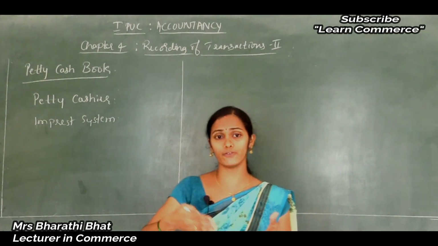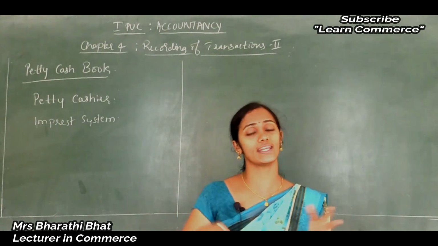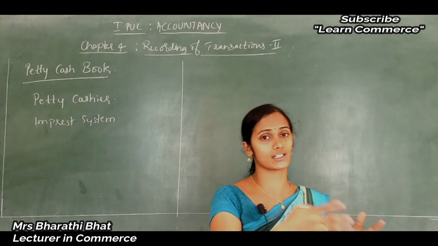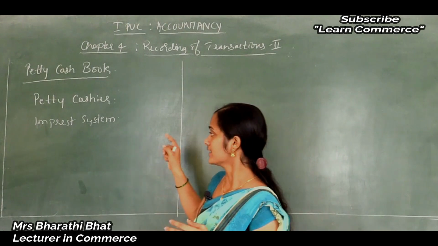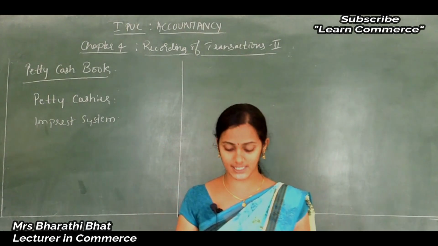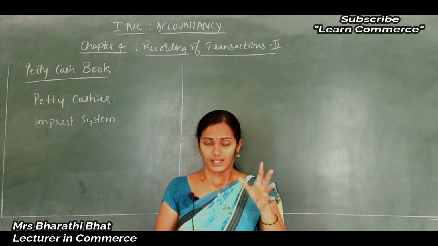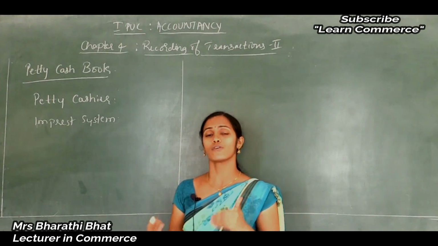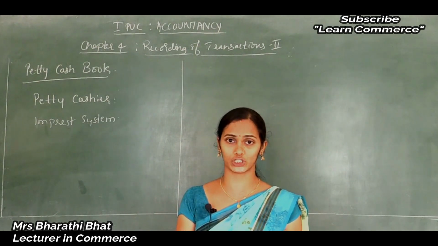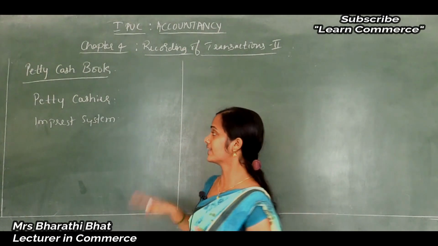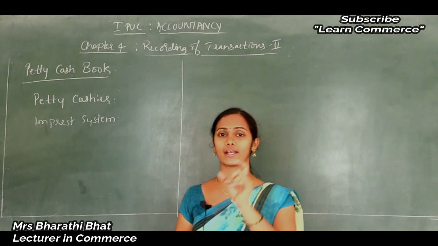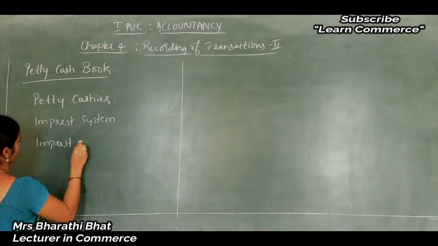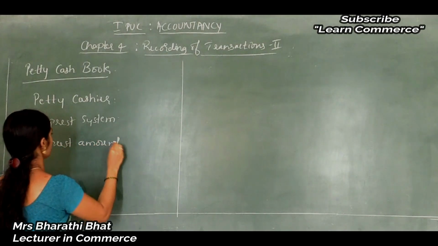So out of 1500 or 2000 the petty cashier can spend some amount to pay small payments and all. So this amount is called the imprest amount. The petty cashier receives this amount at the beginning of the period from the main cashier, and that amount is called the imprest amount.